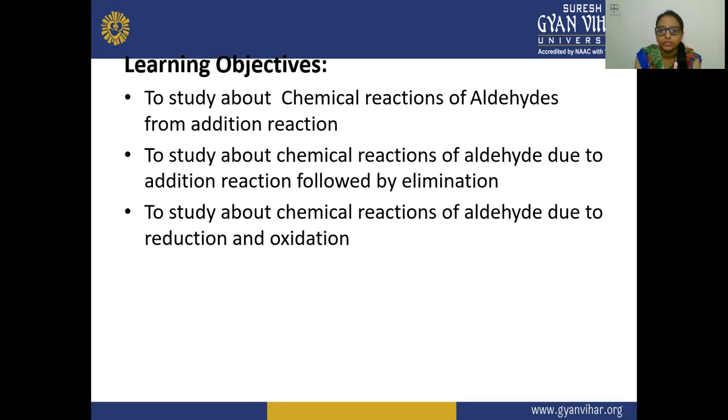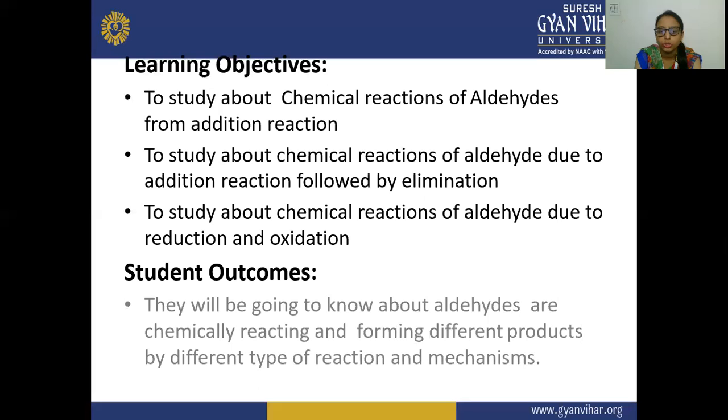So these are the learning objectives and the student outcomes. They will get to know how aldehydes chemically react with other reagents and form different products from these chemical reactions.